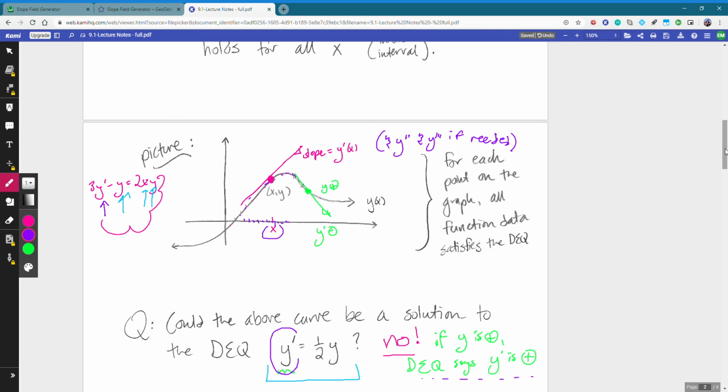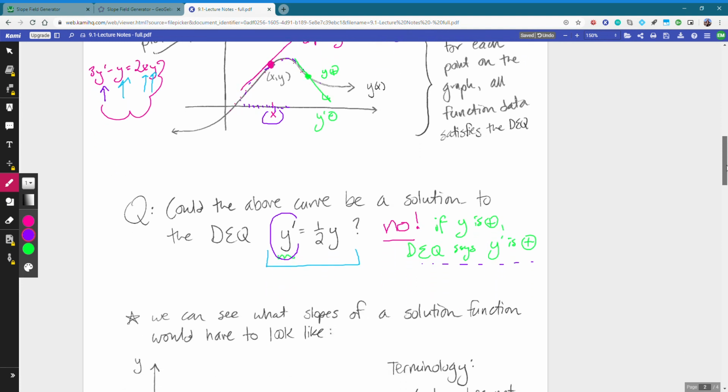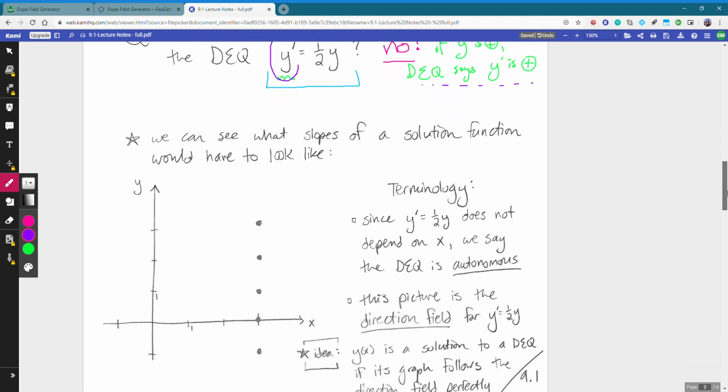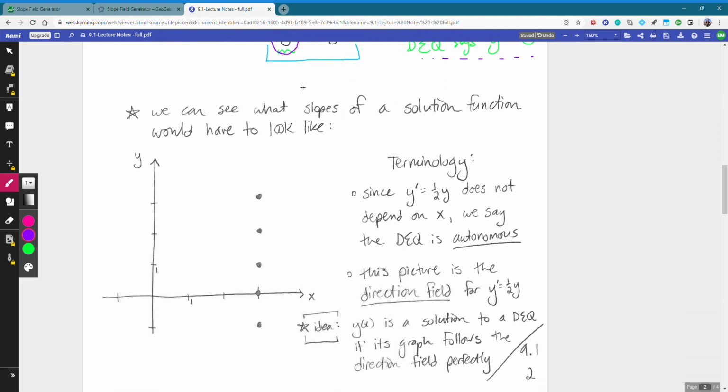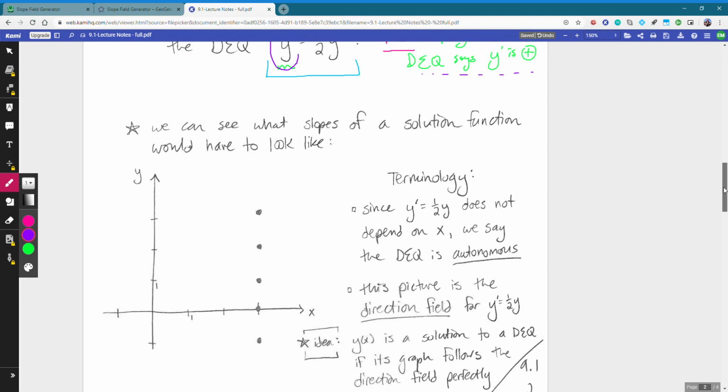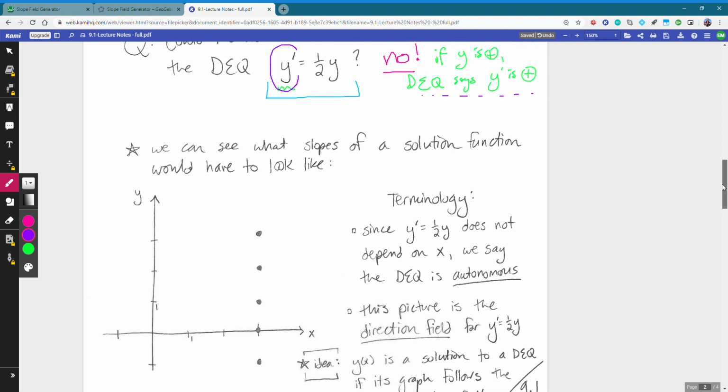But let's see if we can be even more precise than that. So we can see what the slopes of a solution function would have to look like by looking at this requirement on our y prime. And so let's think about this.